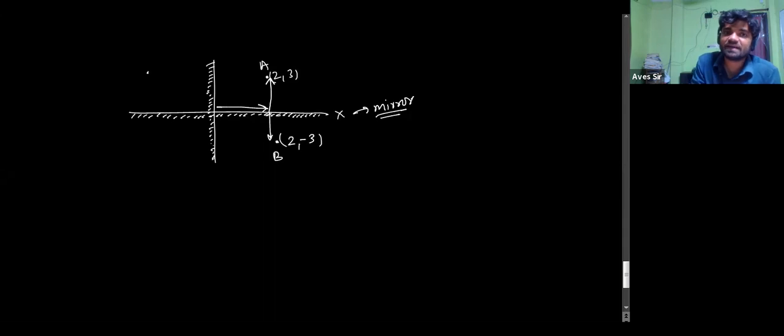And if we are considering the y-axis as a mirror, then the y-coordinate remains the same. Okay, so what would be the coordinate of this point? Tell me what the coordinate of this point is, dear student. Tell me, it's easy.